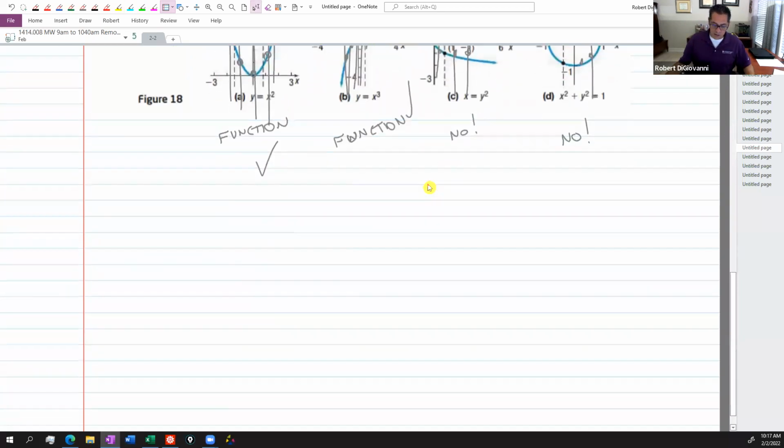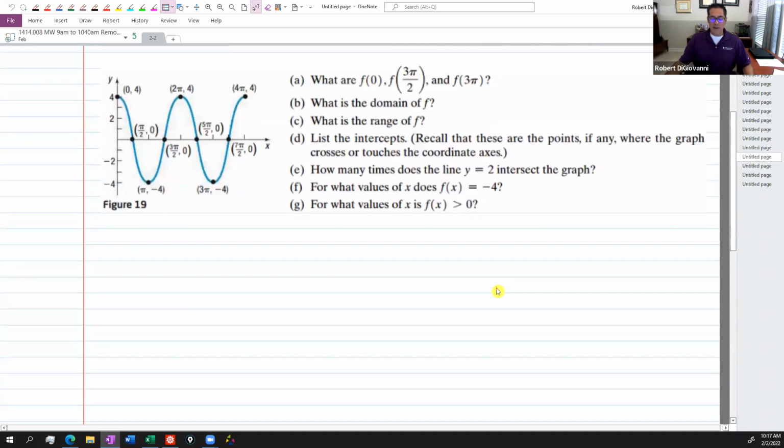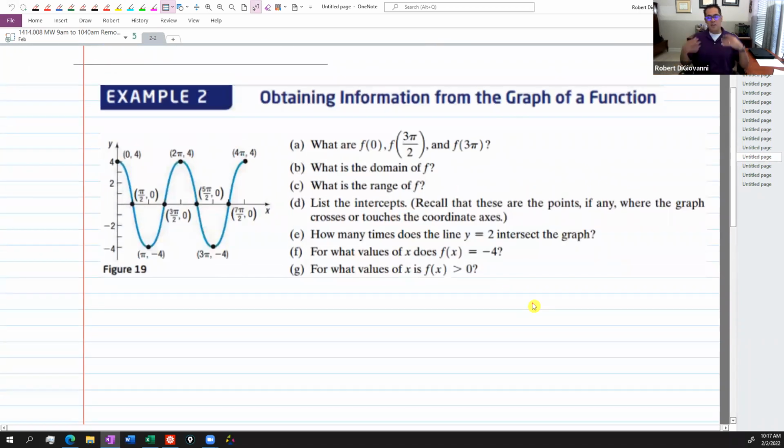Okay, that's functions, the vertical line test. Now, the next part of this is a test to see whether or not you understand what information is contained within a function. So we have to remember that anytime you're looking at a graph, this is a function, right? This passed the vertical line test, right? So that is a function.